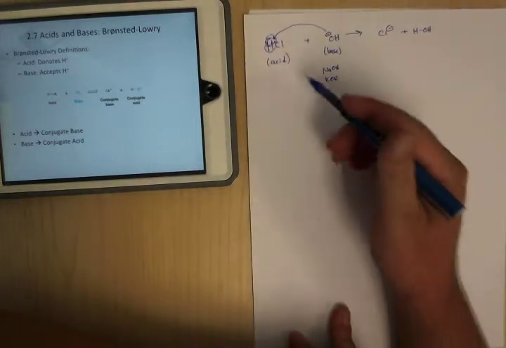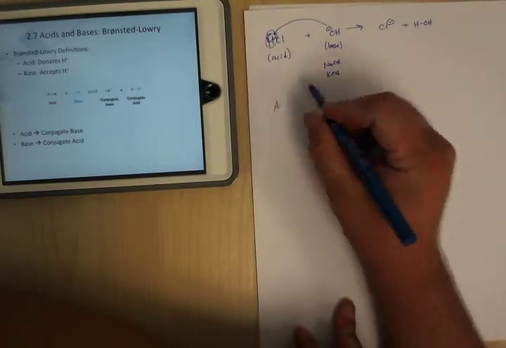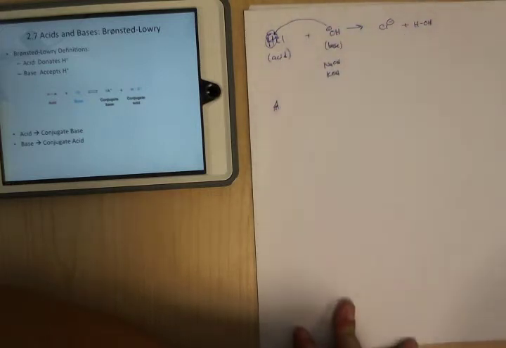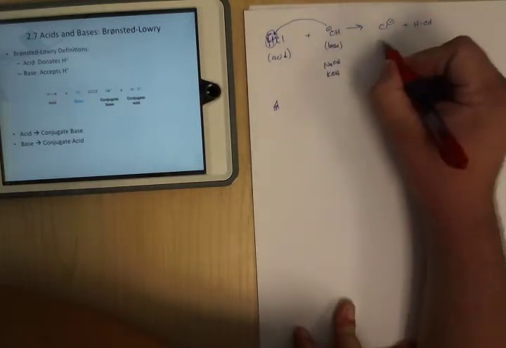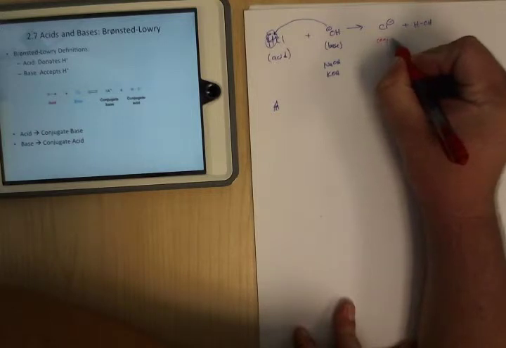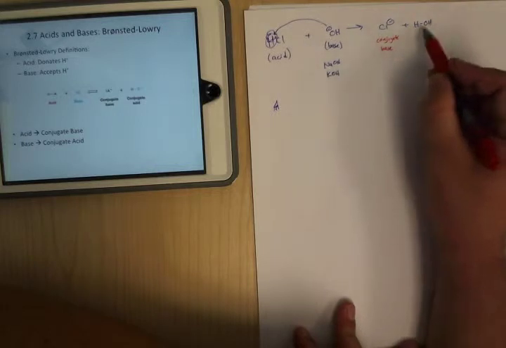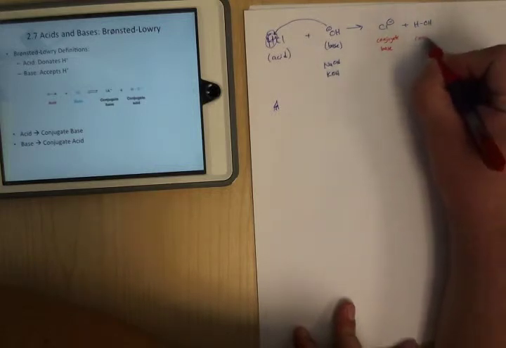But do remember from general chemistry, if this is the acid, the corresponding one on this side is considered the conjugate base. If this one is a base, then over here is the conjugate acid.